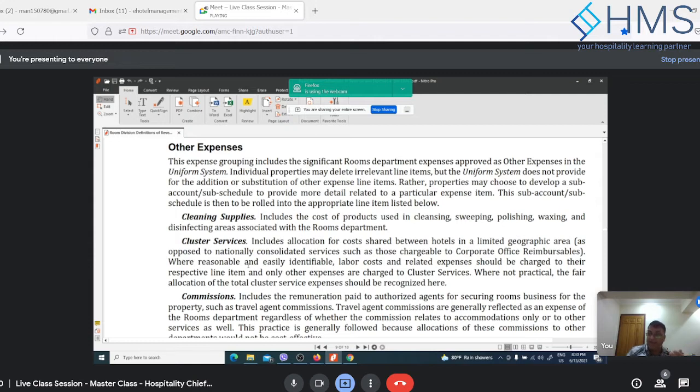So cleaning supplies can be, you have contractor services, which means you may be contracting out certain services, or you may be doing it all in-house by yourself. The labor cost will go to the labor, but the other expenses for chemicals, equipment, material, repairs will still be part of your daily expenses.